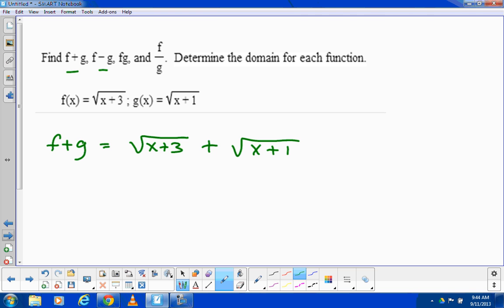Can you actually combine the like terms there? Can I combine something like this? Is that square root of 5 if I do that? No. Could I do this and that be square root of 6? Yes.